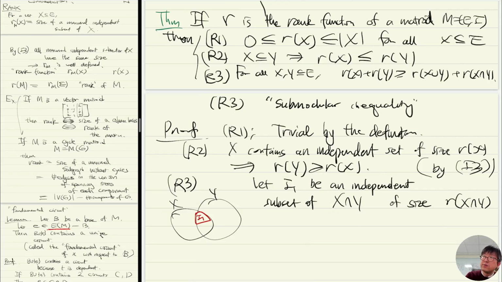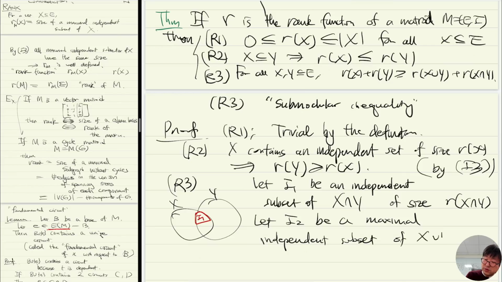Now let I2 be a maximal independent subset of X union Y containing I1.